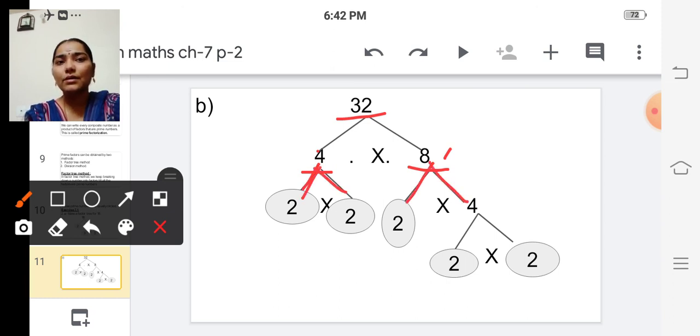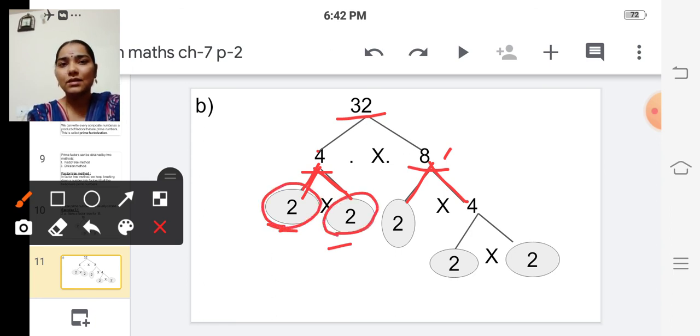4 can be written as 2 into 2. 2 2s are 4. So we get prime factors. Let's move on to 8. 8 can be written as 2 into 4. 2 4s are 8. In this we get one prime factor, but 4 is not a prime number.